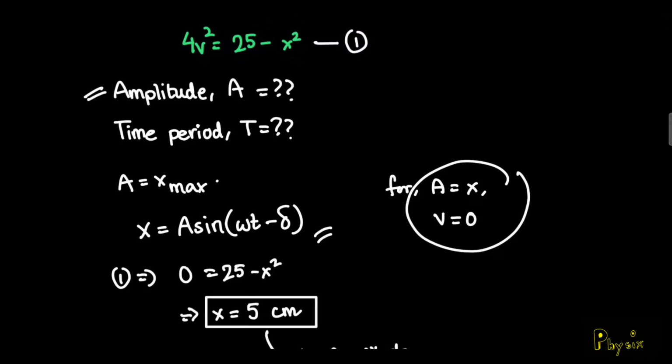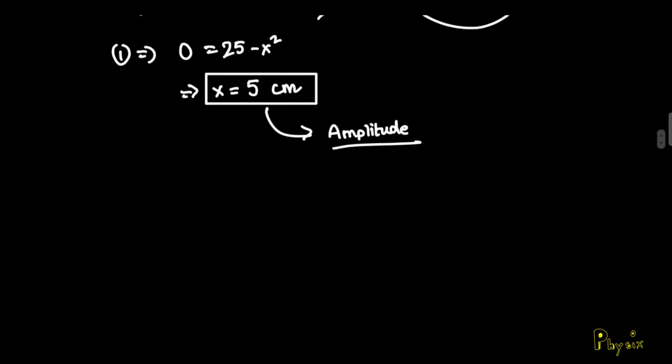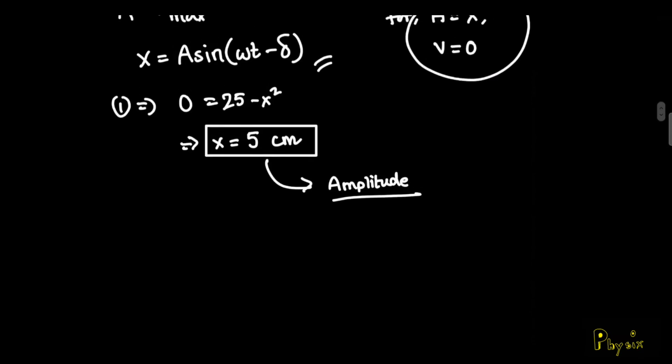Now, for the time period, let's deal with the velocity. For velocity, v max exists at a certain position, where the particle is at its equilibrium. That is the place where the particle experiences its maximum velocity. So v max is experienced when x is equal to 0.